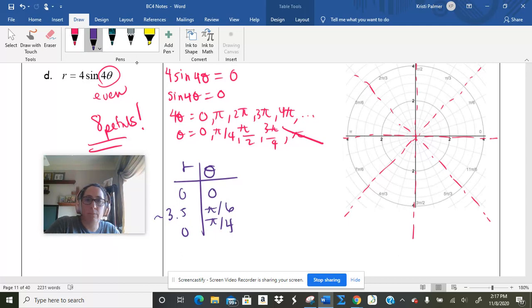So this is telling me that when I am at 0, I'm at 0, and then at pi over 6, I am at about 3.5. So this one go by ones. 1, 2, 3.5, about right here. Okay.